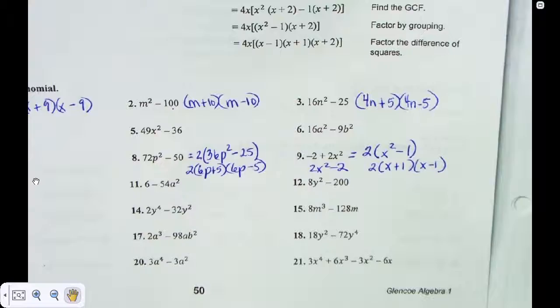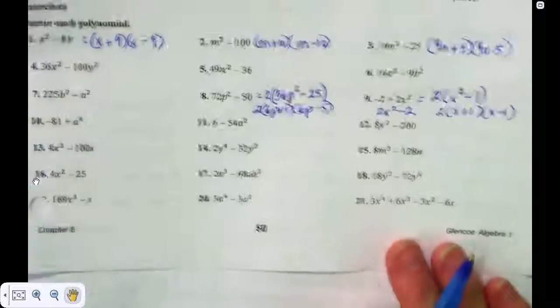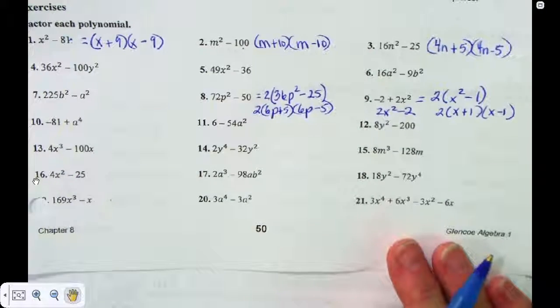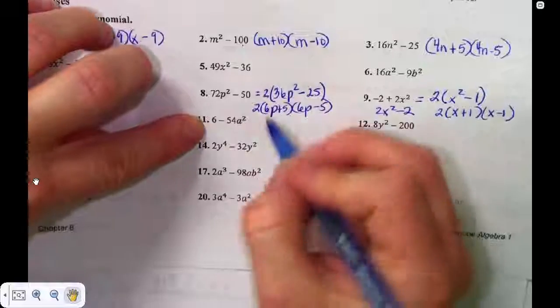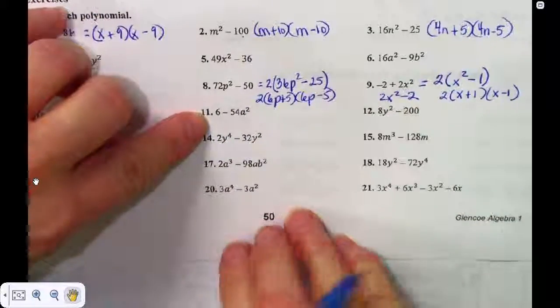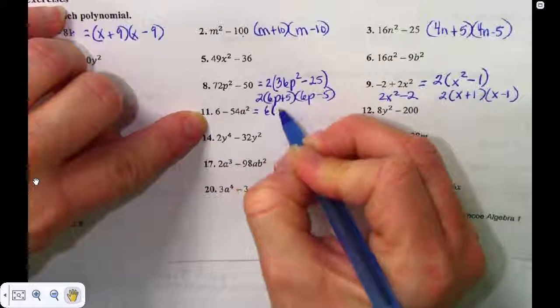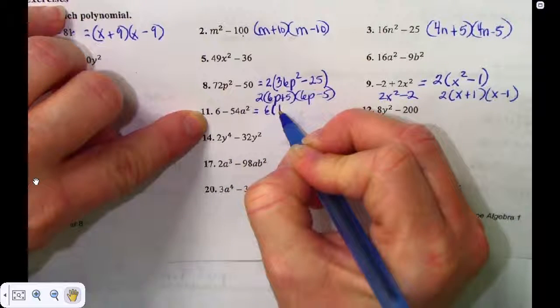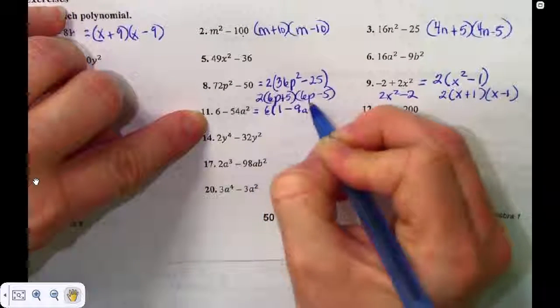Okay? So everybody look at number 11. Let's leave 11 alone because of that negative sign. Because if we turned it, it'd be negative first. What can I factor out of that? So it's going to be 1 minus 9a squared.